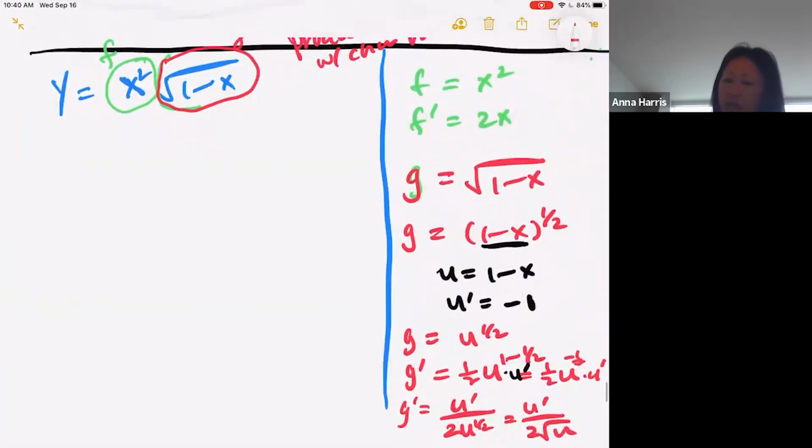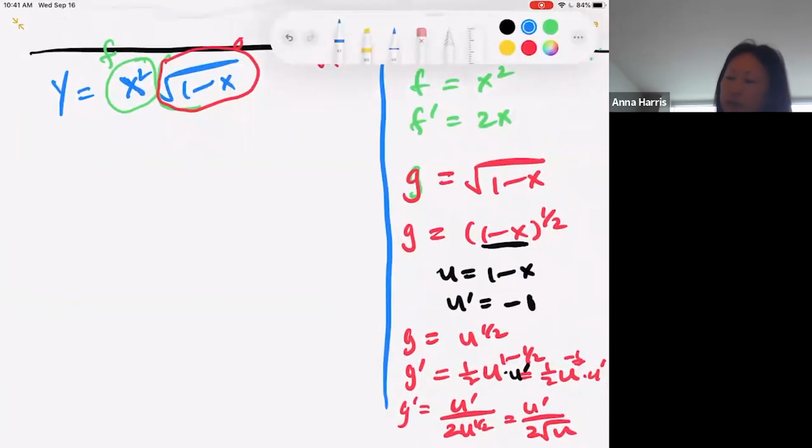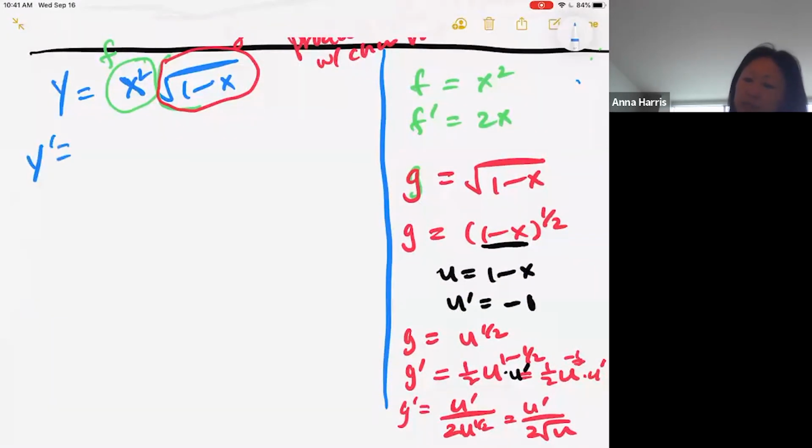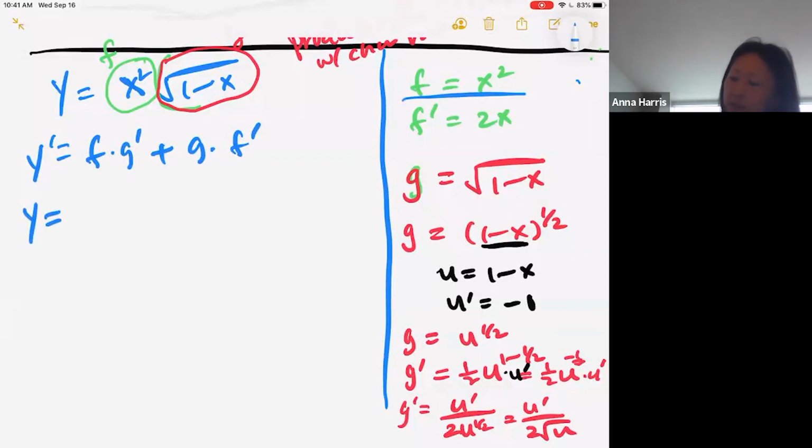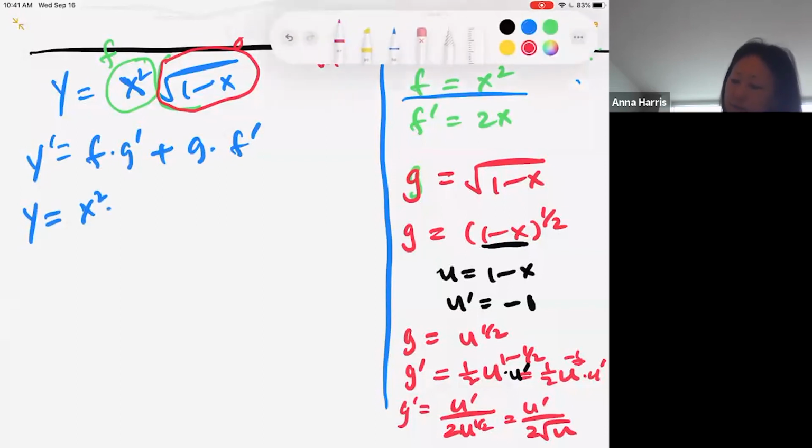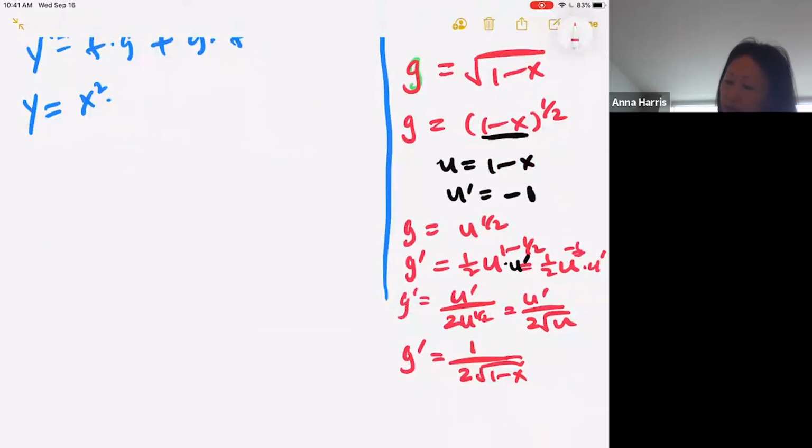Now, I need to take the derivative of that. So y prime is equal to f times g prime plus g times f prime. So I will just plug in whatever f and whatever g is. My f is right here, x squared. What's my g prime? g prime is this.